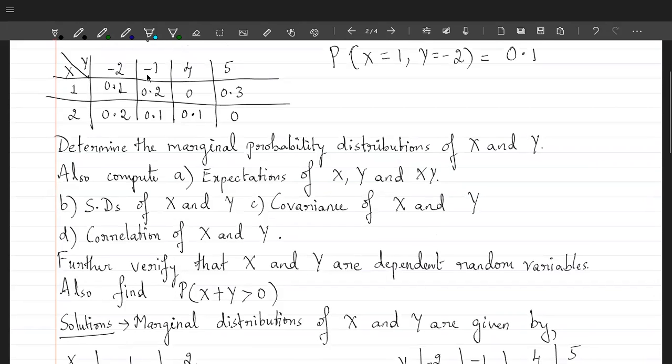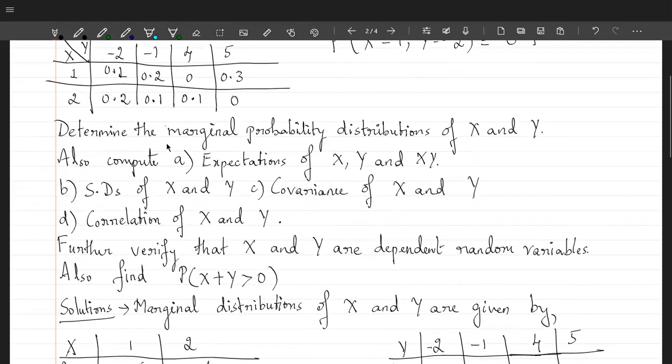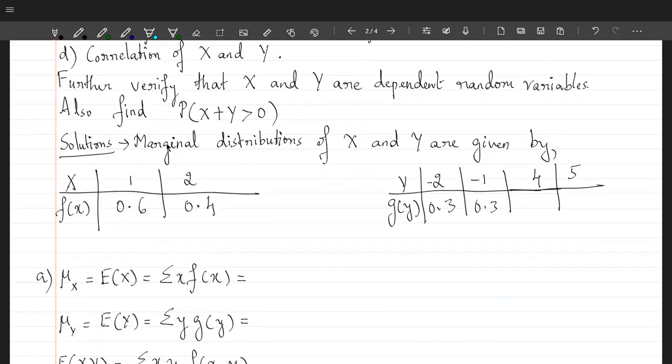Now the next value, for y equal to -1, again it will be 0.3. Then for y equal to 4, 0 plus 0.1, that is 0.1, and for the last one it will be 0.3. Let's add the probabilities and check. 0.3 plus 0.3, that is 0.6, 0.7, 1. So here also total probability is equal to 1.